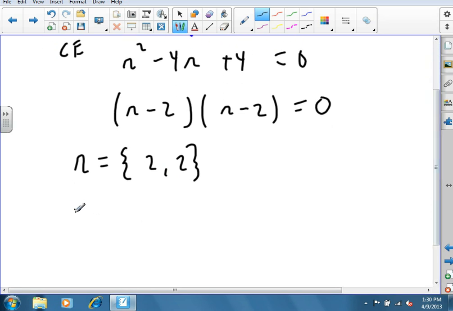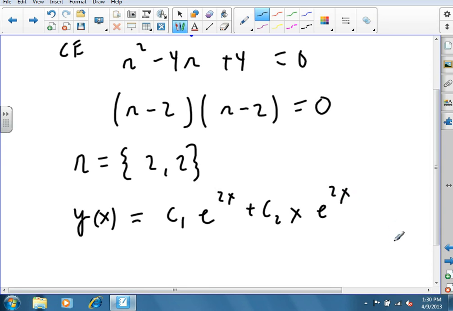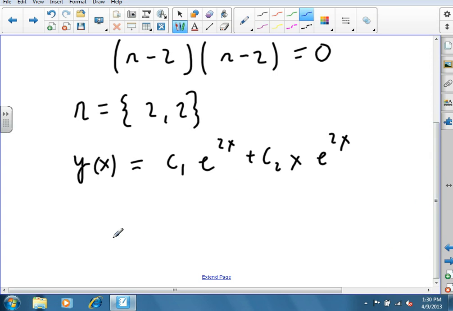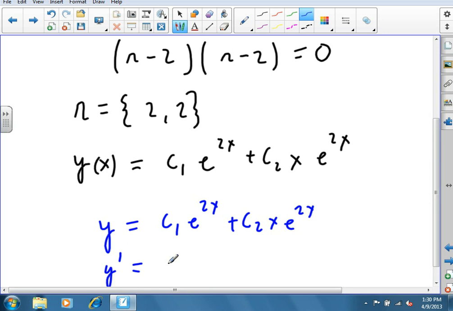So my answer would be y of x is equal to c1 e to the 2x plus c2 x e to the 2x. And now I would check my work to make sure it was right. If y is c1 e to the 2x plus c2 x e to the 2x, then y prime would be 2c1 e to the 2x plus c2 e to the 2x plus 2c2 x e to the 2x.